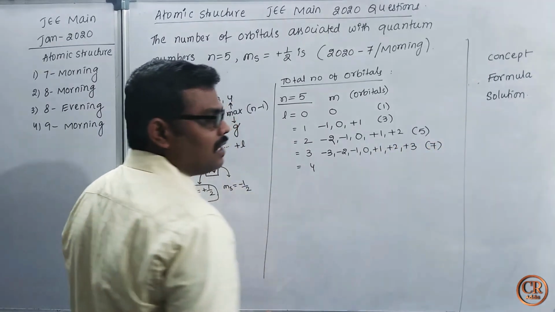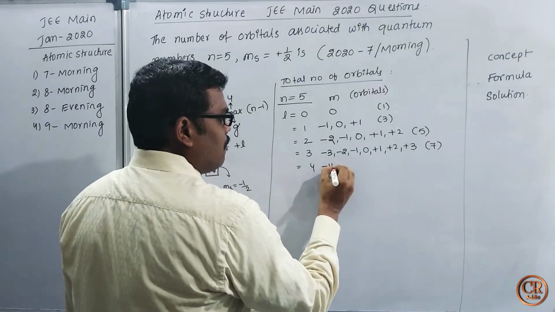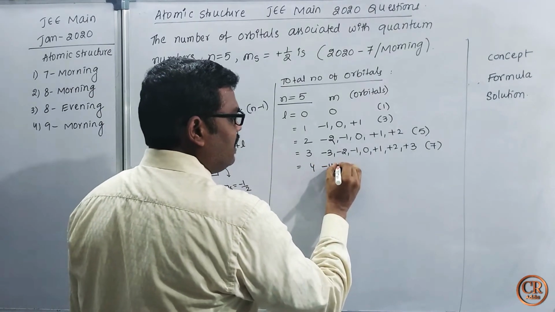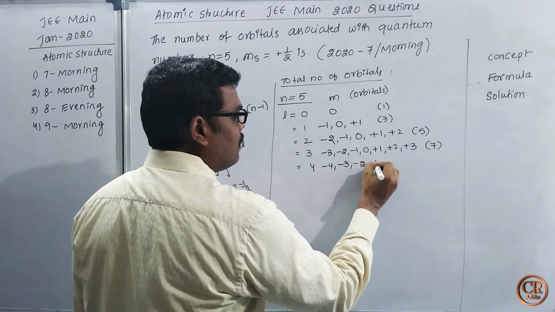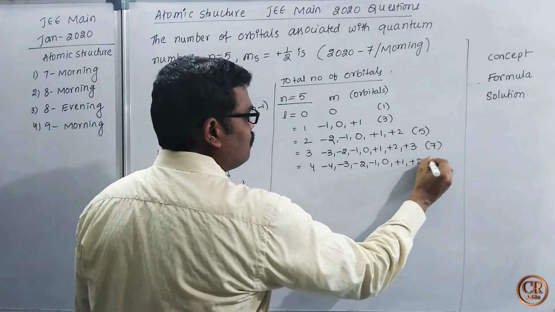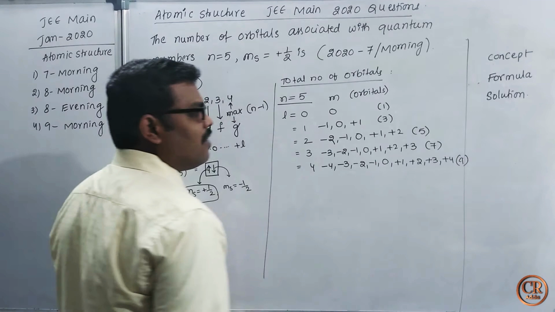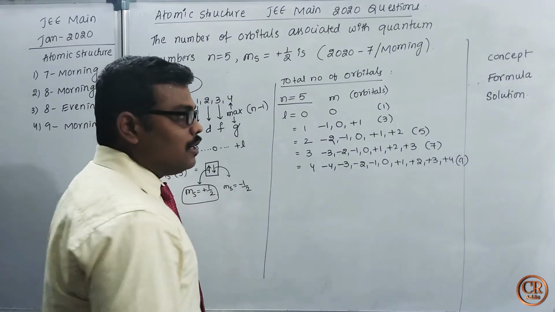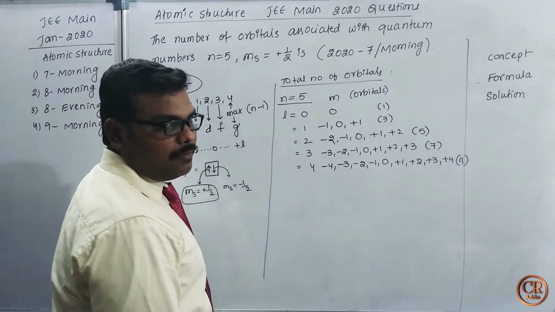Total M values are 7. Then L value is equal to 4. M values are -4, -3, -2, -1, 0, +1, +2, +3 and +4. Total M values are 9. So if we count all these, we get the total number of orbitals.